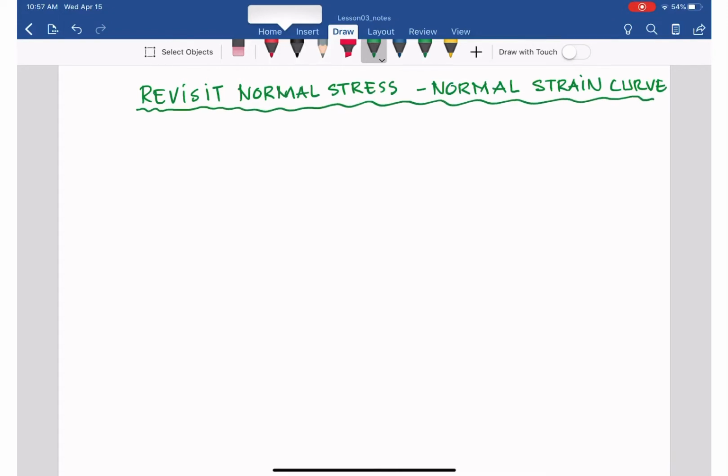If you recall, in the previous lesson when we talked about the normal stress-strain curve, it represents a unique footprint for each material. So let me redraw that curve.